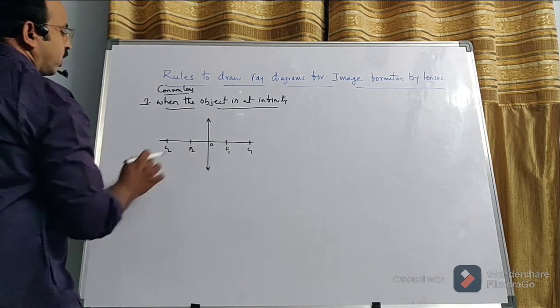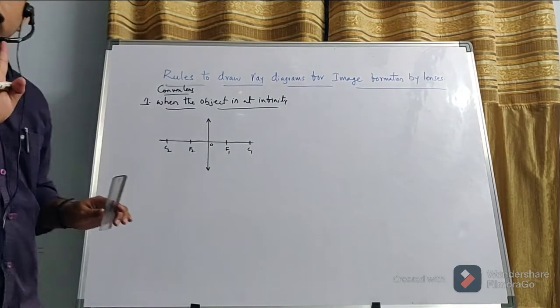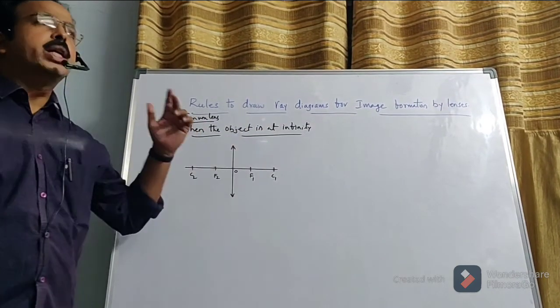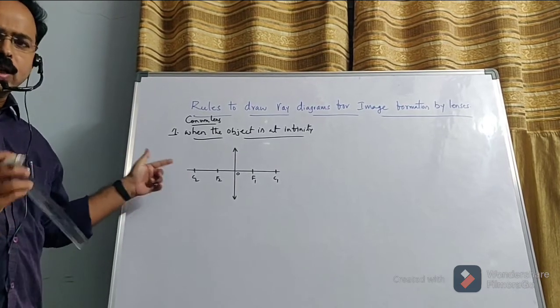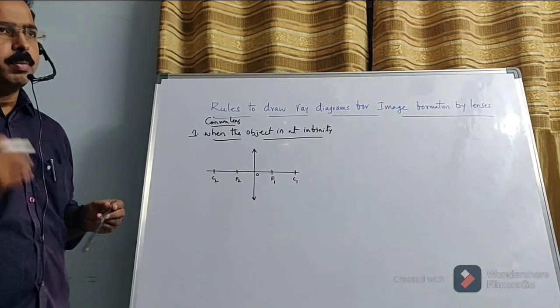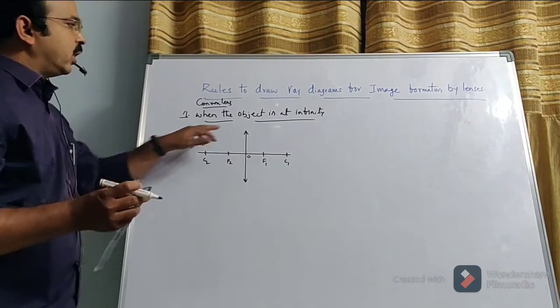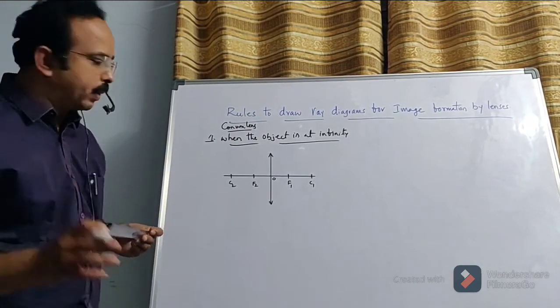Because every lens has 2 foci and 2 centers of curvature. Object at infinity means that the object is situated somewhere beyond C2, very far away, maybe like the sun or any very large distance. Whenever in physics we say infinity, we can assume that the light rays are parallel to the principal axis. That should be remembered very well.